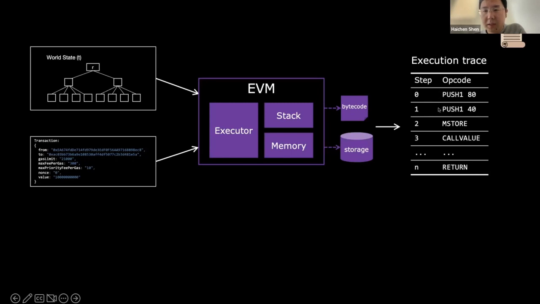At every step you execute some bytecode, and you may go into a loop inside your bytecode, or call some other smart contract. After you execute the EVM given the transaction and the state root, you end up with a unique execution trace, which iterates step by step through each opcode defined in the smart contract.